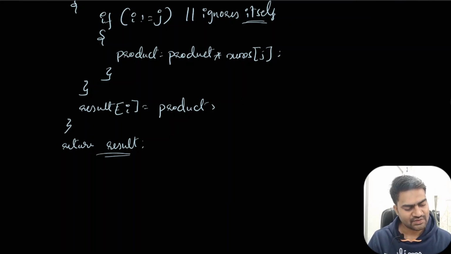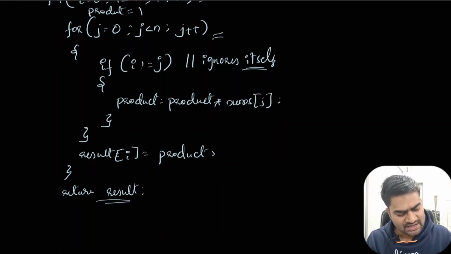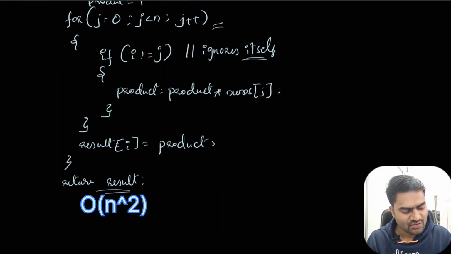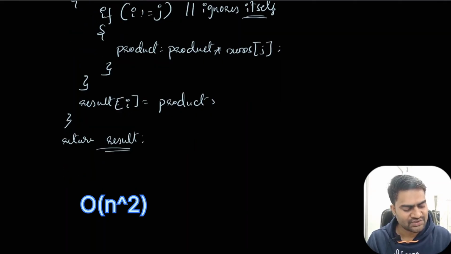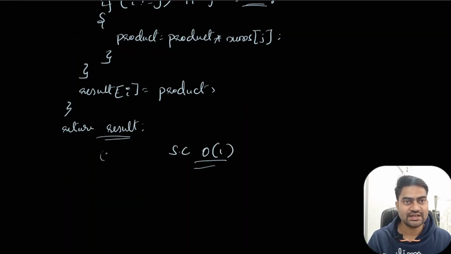Okay. So if you have seen, for each number we iterate for n number of times. So there are n numbers and for each number we iterate for n times. So our time complexity becomes O of n square. And if you see, our space complexity is O of n because we are using our results array.